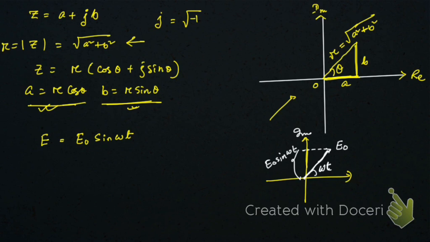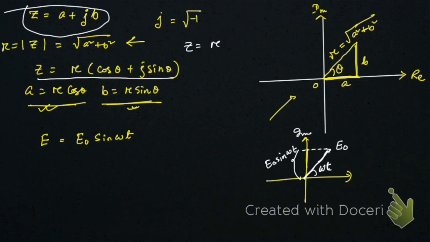Now this complex number z is equal to a plus jb. This can be written as z is equal to r e to the power j theta.